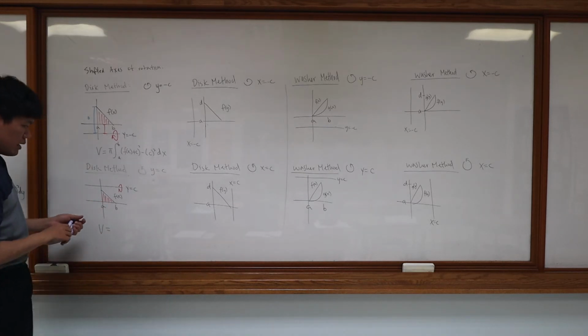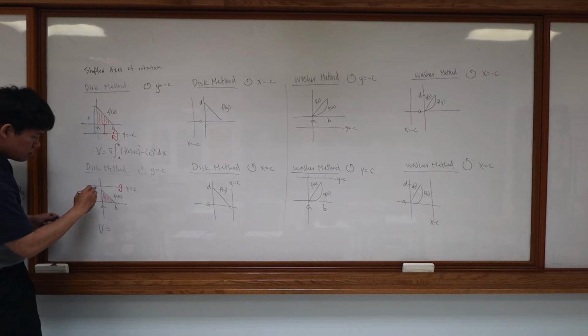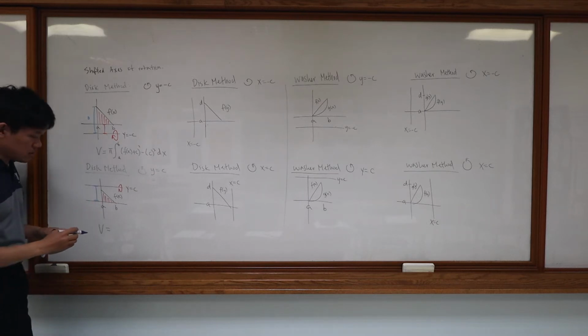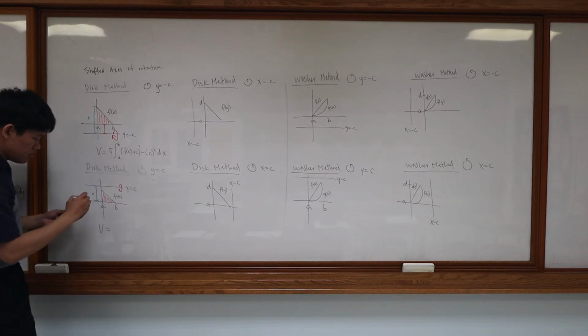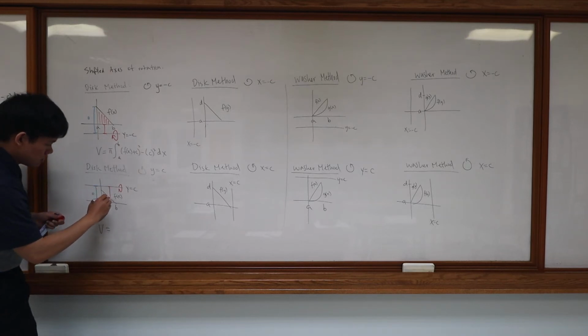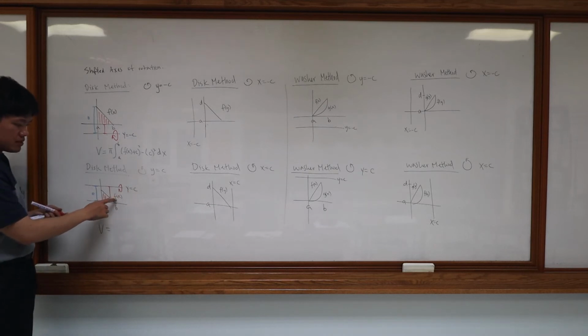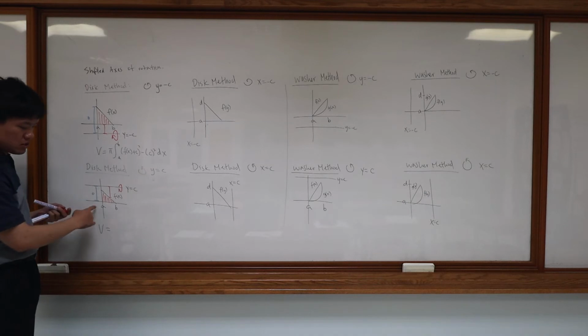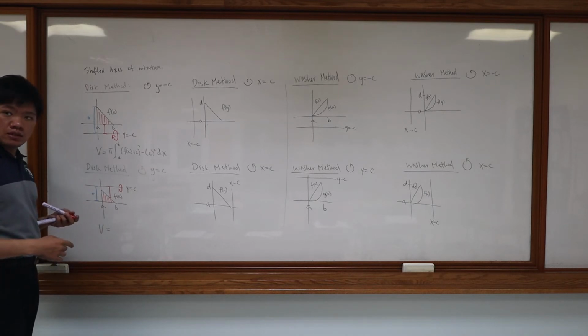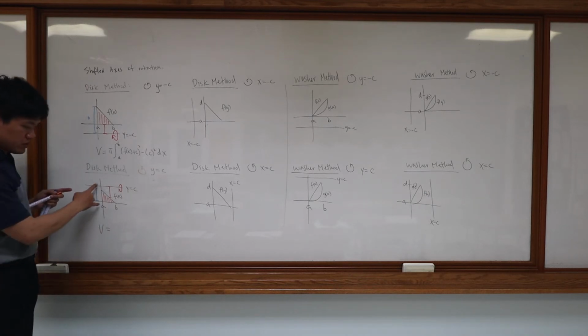My outer radius is from c all the way to my x-axis. My inner radius is from my function f of x to c, so the distance decreases as we go. So c minus f of x is my inner radius, and c to the x-axis is not changing. So c is the distance on the outside.